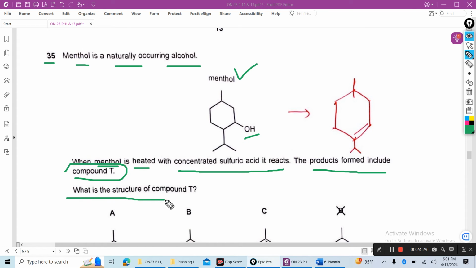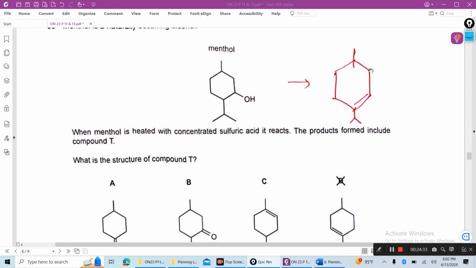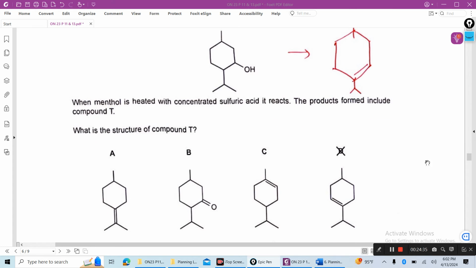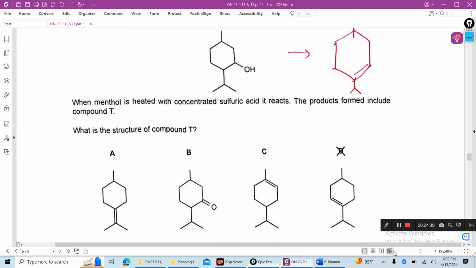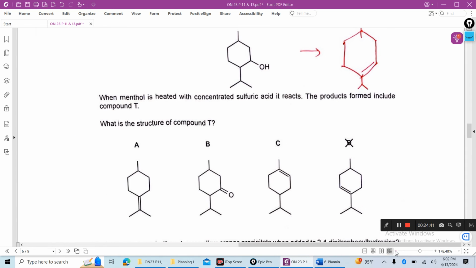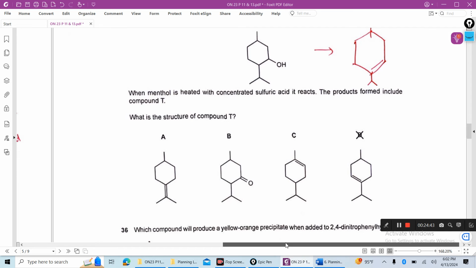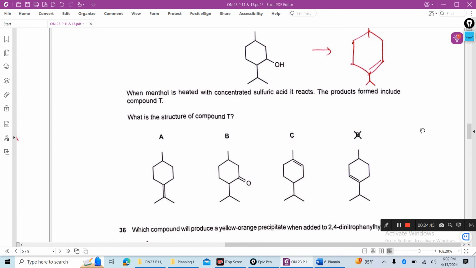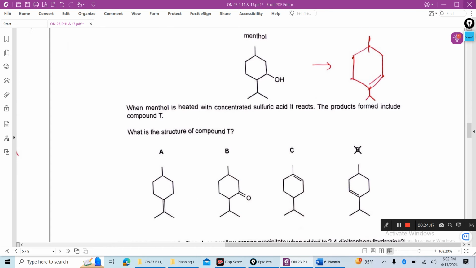What is the structure of compound T? D is the answer.